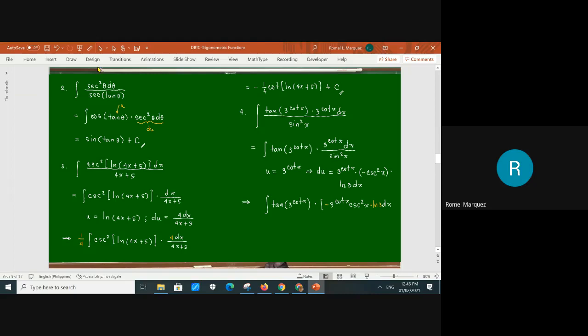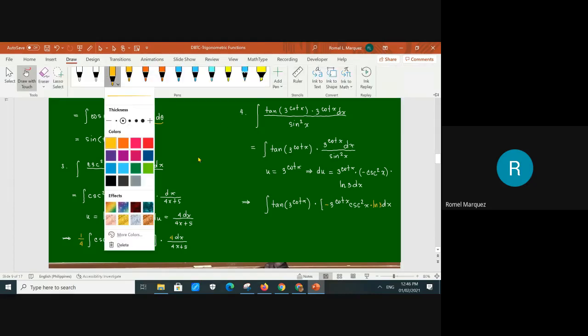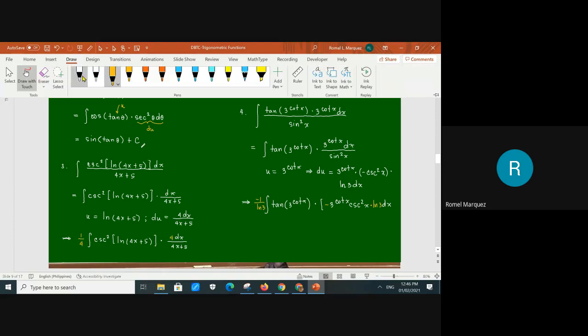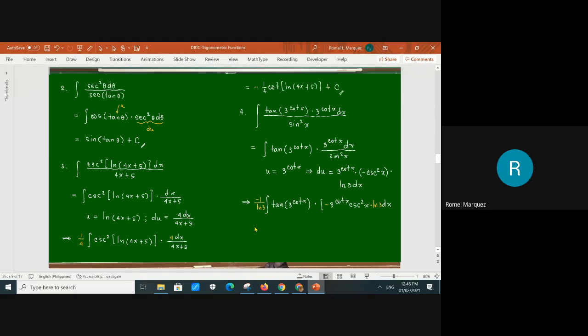But what are we going to do outside? We multiply outside by 1 over negative ln3, because negative ln3 is what we introduced inside as a factor, no? So, negative ln3. So, that's it. It's now ready. So, let's read.